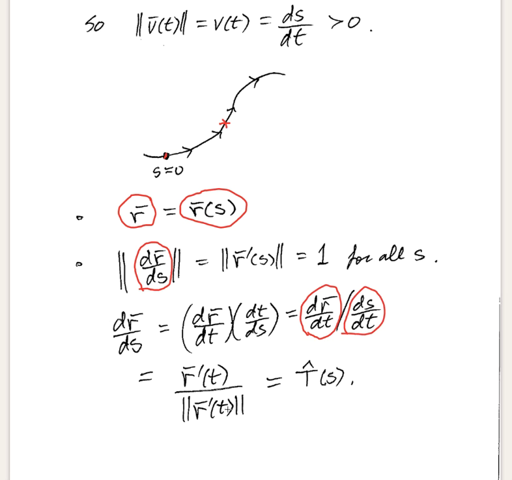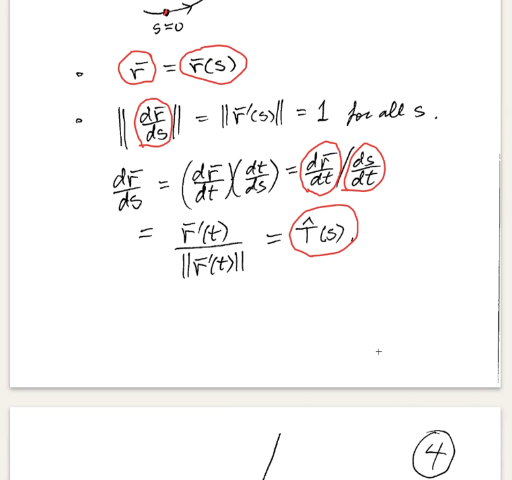So this vector divided by its own magnitude is going to give a unit vector, and I call that t hat, parameterized with respect to s. What does the hat mean? The hat means it's a unit vector. What does the capital T stand for? Tangent. This is going to be a tangent vector here. I hope that makes sense.